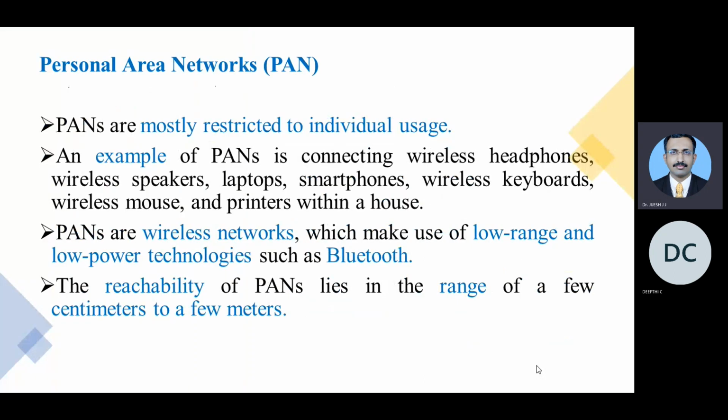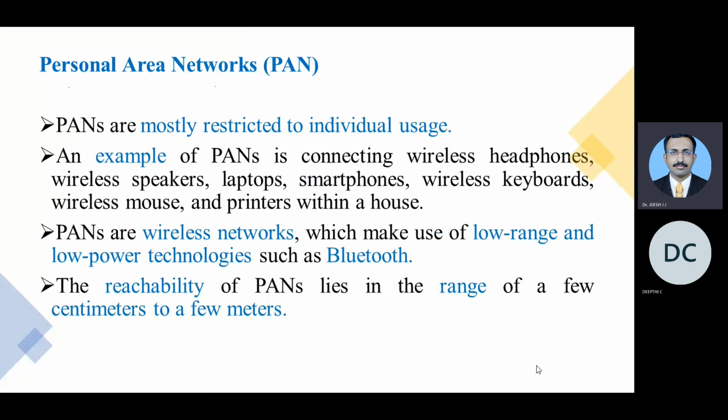First one is personal area network. So mostly restricted to individual users. If I am doing it, it is for my purpose. I can do very close transmission of data. That is what takes place.